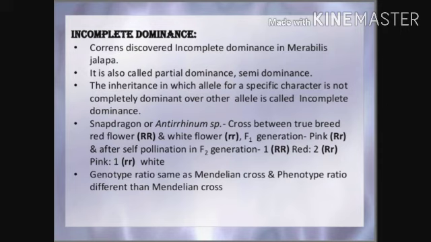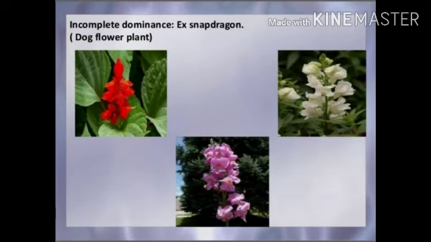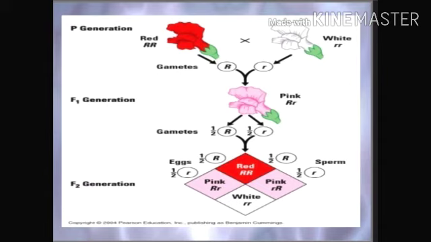In the pink, you can see incomplete dominance, neither red nor white. The genotypic ratio is the same as the Mendelian ratio, and the phenotypic ratio is different from the Mendelian ratio, because in Mendel's law it was 3:1, and here it is 1:2:1. Incomplete dominance can be seen in snapdragon.